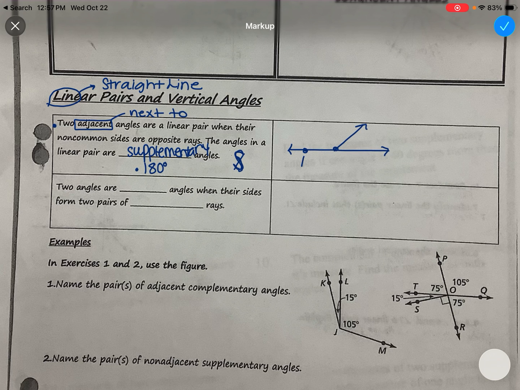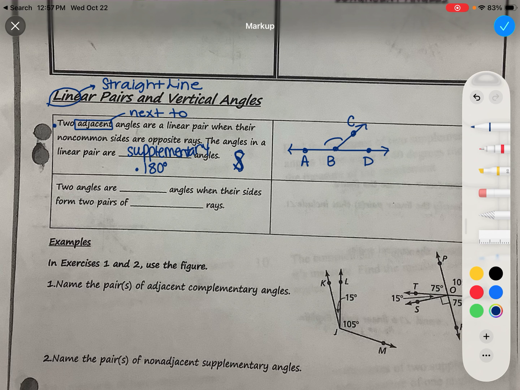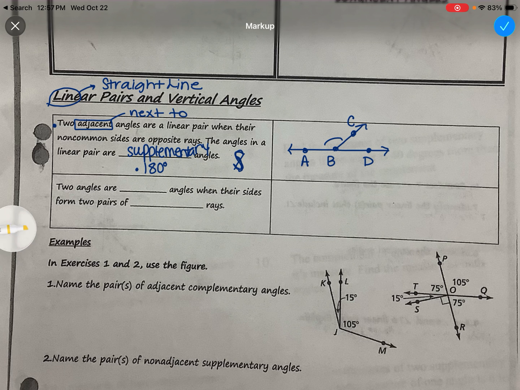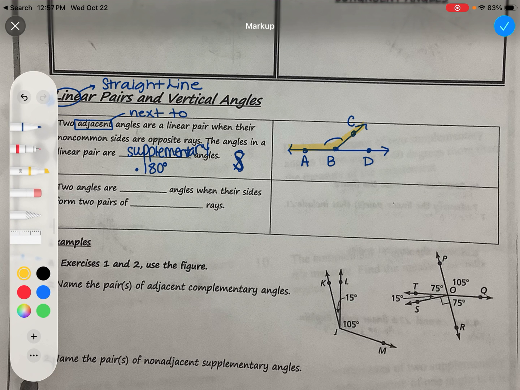So in this case, I would have angle ABC. Angle ABC would be that angle here. And then in this case, I would have angle DBC. So with your highlighters, you can see this is angle ABC. It's right next to DBC.